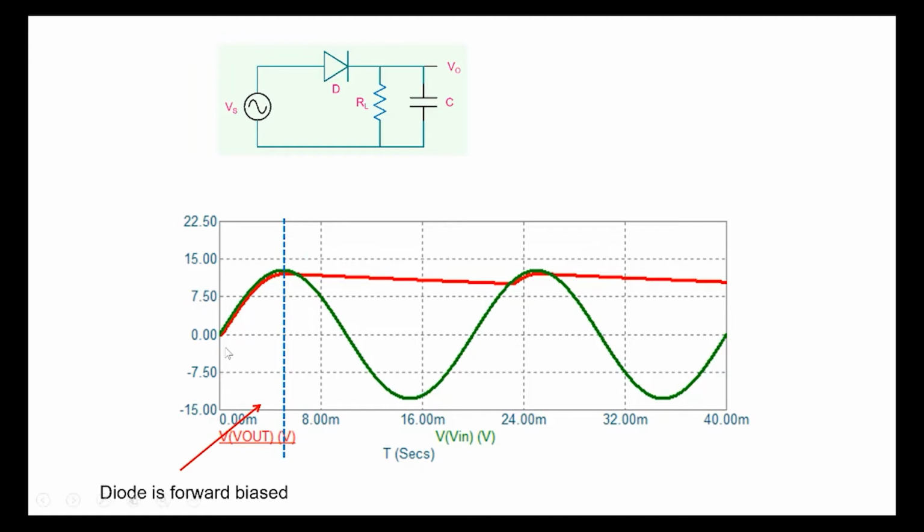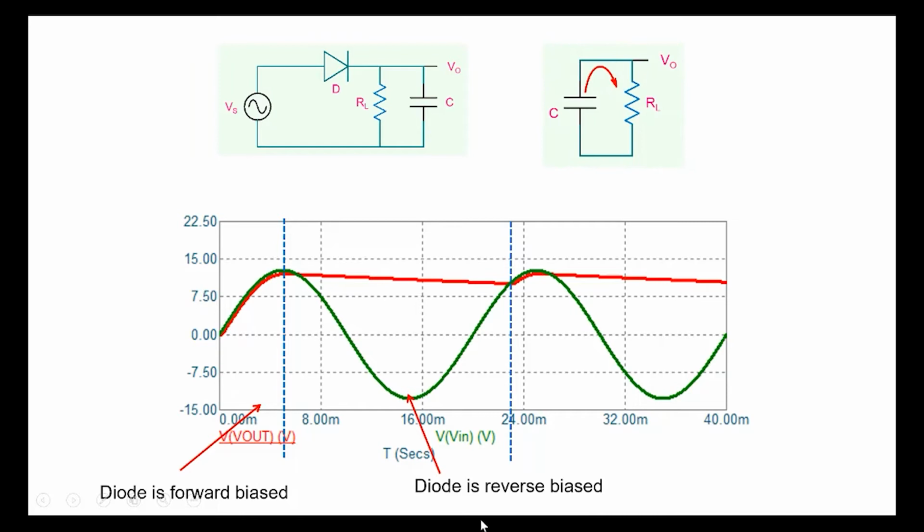And so in this part, note that the diode is forward biased, and the moment the input shown in green starts to fall, you need at least 0.7 volt or so to have adequate conduction in the diode, and therefore beyond this particular point here, once the input starts to decrease, there's not enough voltage in the diode, and therefore in this particular part here the diode is reverse biased.